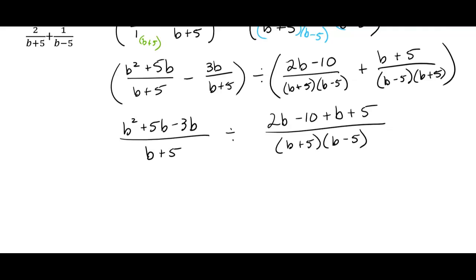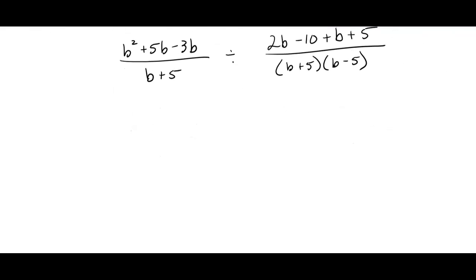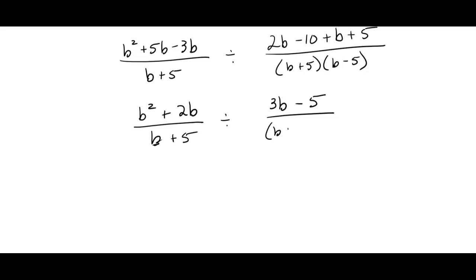Okay, so I'm going to simplify the numerators. B squared plus 2b over b plus 5 divided by, let's see, I'll have 3b minus 5 over b plus 5 times b minus 5. I think I got everything okay there.